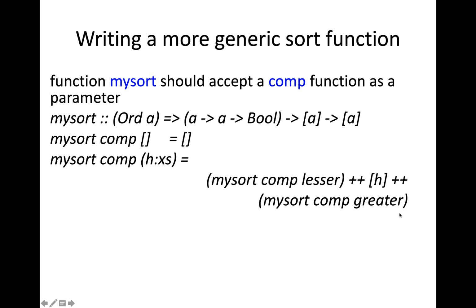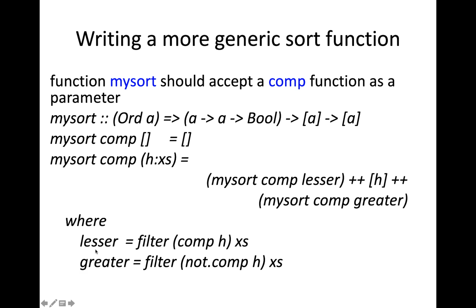Now what is lesser and greater? Here they are defined. Lesser are those items in the tail which compared less. What is the meaning of less? Whatever is the meaning defined in comp. And greater is just the opposite, which is not lesser according to comp, right?